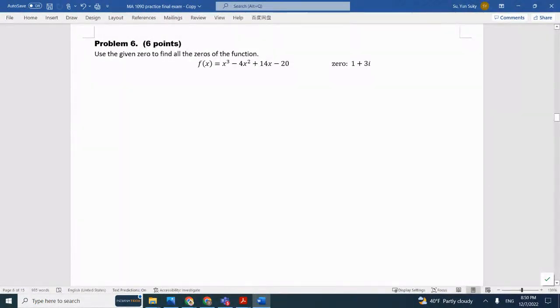And then here, use the given zeros to find all the zeros of the function. So here we have the 0, 1 plus 3i.